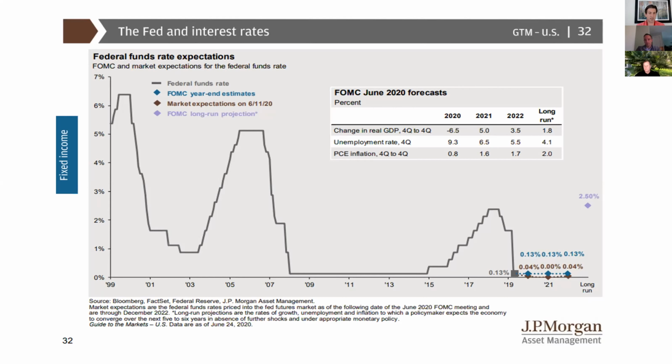In addition to this, they provided huge liquidity to the financial markets by pledging to buy treasury securities, corporate bonds, municipal bonds, and even lending money directly to industries. So the Fed has essentially pledged unlimited liquidity to the financial markets, which goes a long way to boosting financial assets, right?